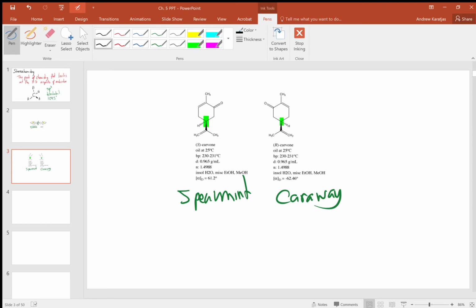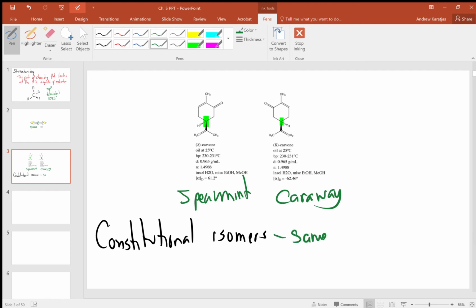So previously we've defined this term constitutional isomers. Constitutional isomers are when we have the same formula but different connectivity.